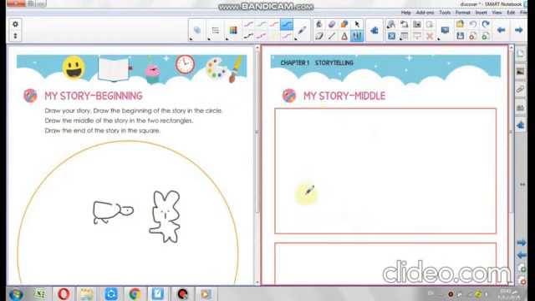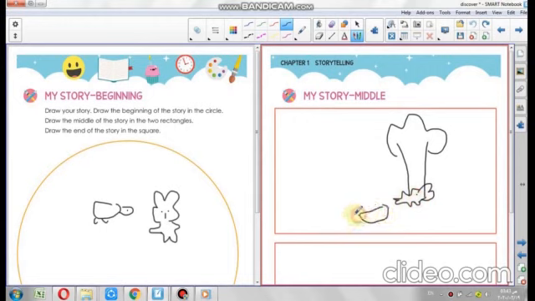For my story middle, I can draw the rabbit sleeping under a tree. Here, the rabbit sleeps under what? Under a tree, and the tortoise runs to the winning race.